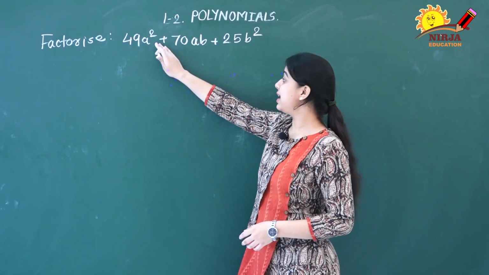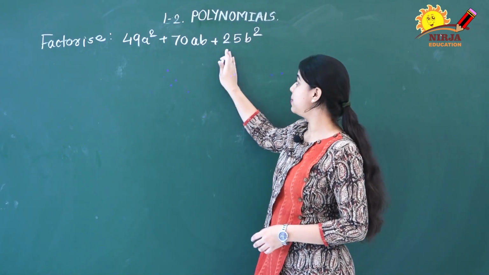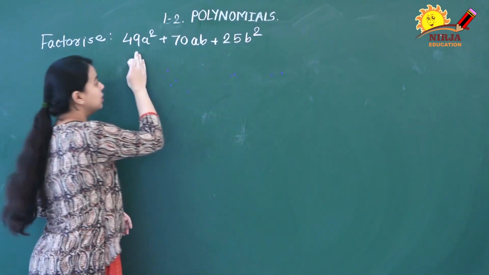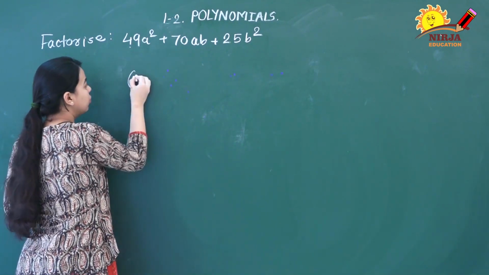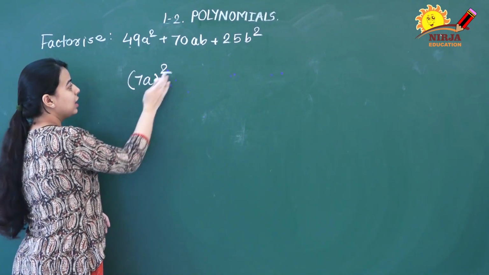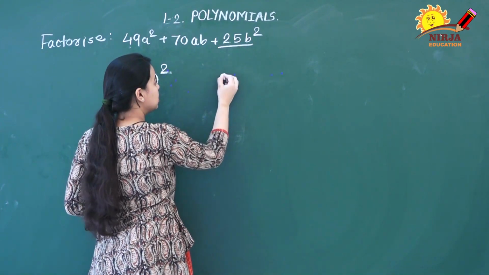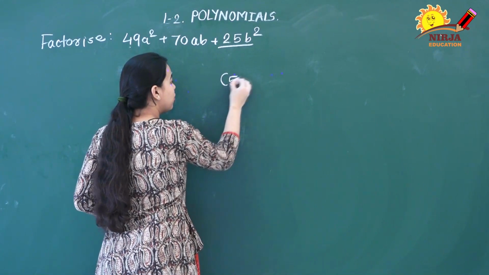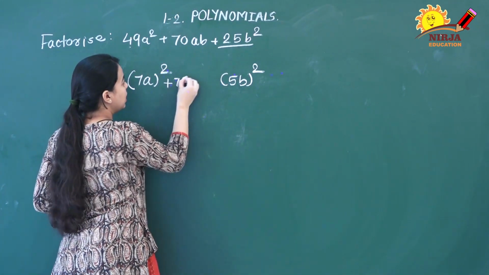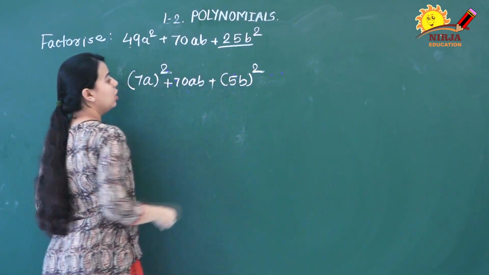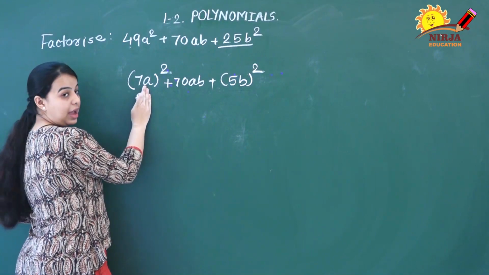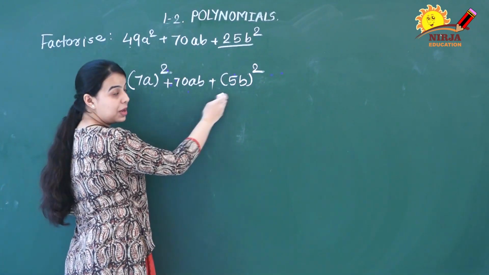Factorize 49a square plus 70ab plus 25b square. Now let's do it. If I rewrite this term, I can write (7a) whole square, right? 7 square is equal to 49, so 49a square. If I rewrite this term, we can write (5b) whole square, and here plus 70ab. So if you can see, this polynomial looks like a square plus 2ab plus b square.